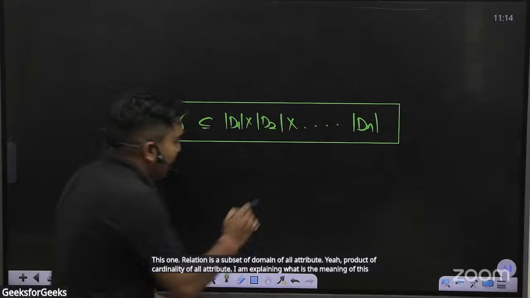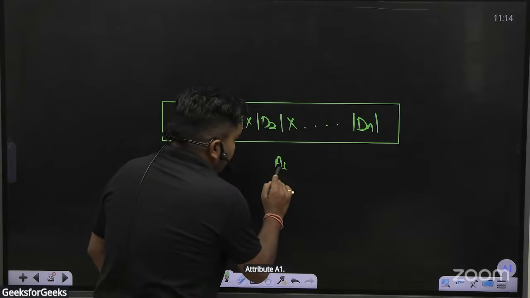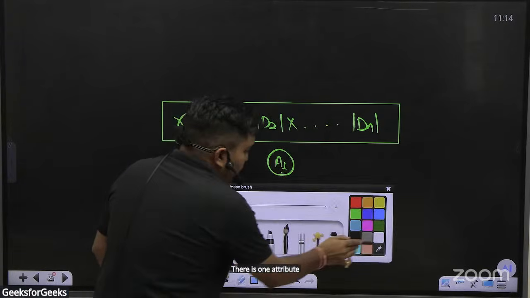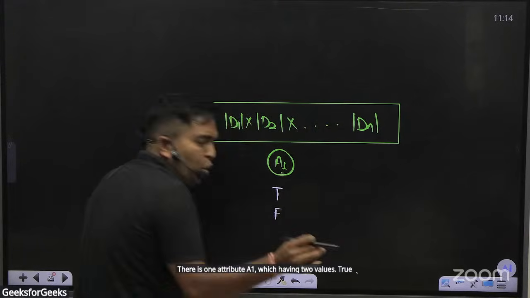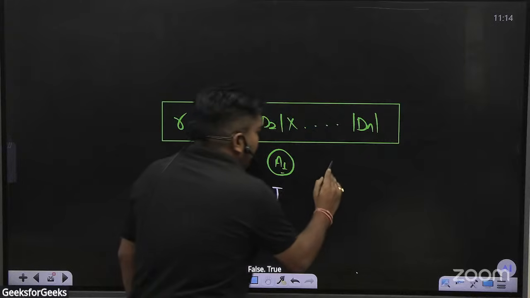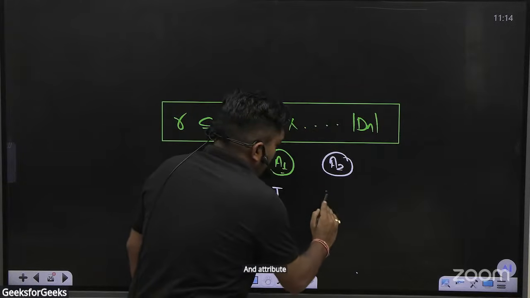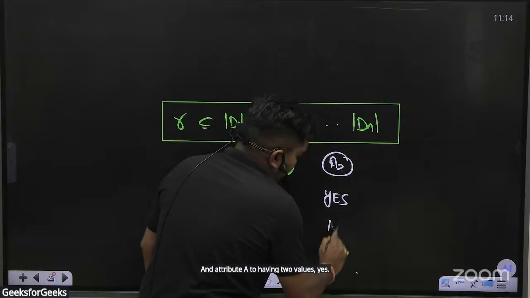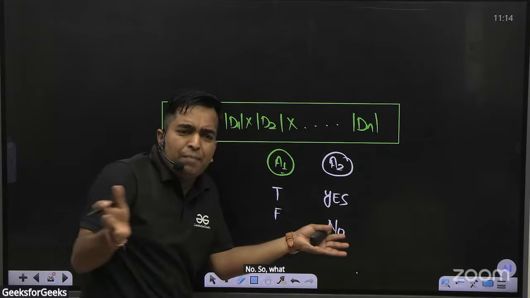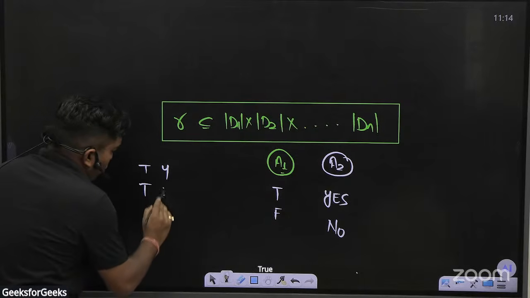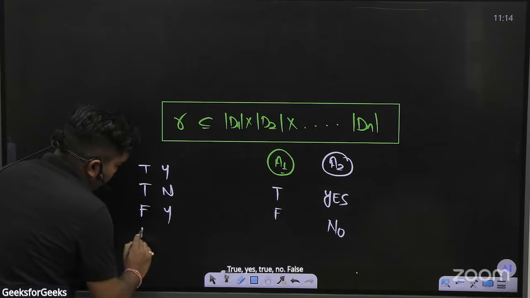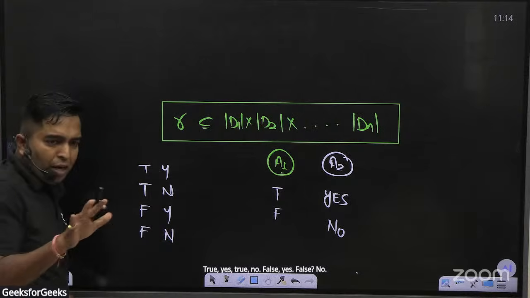Assume attribute A1 has two values, true and false, and attribute A2 has two values, yes and no. So what is the total maximum combination? True-yes, true-no, false-yes, false-no. This is the total maximum combination.